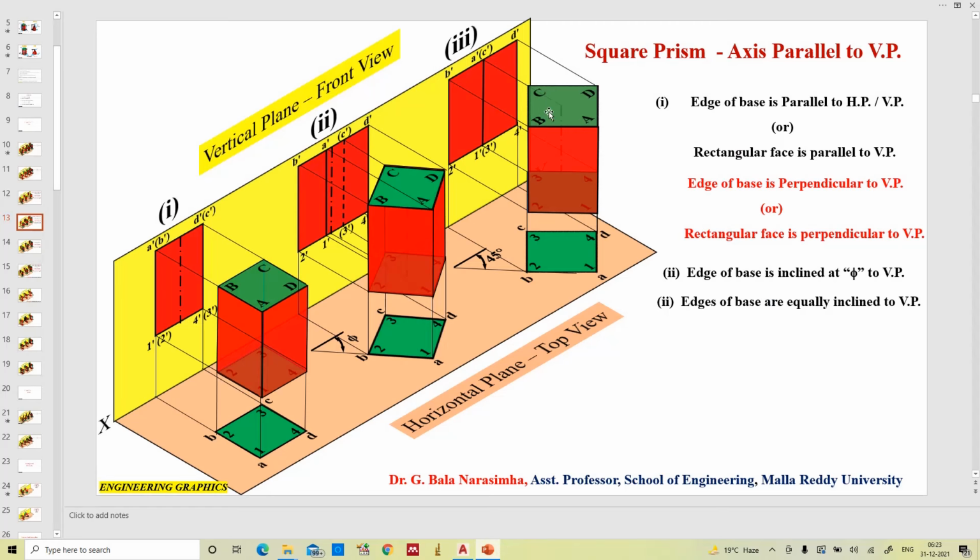So if you see, when it is inclined, equally inclined to vertical plane, this edge B2 is clearly visible and D4 is clearly visible. One thing is A1, which is also very clearly visible. That's why in the center we represented a thick line. See here, there is no edge, that's why dashed line.